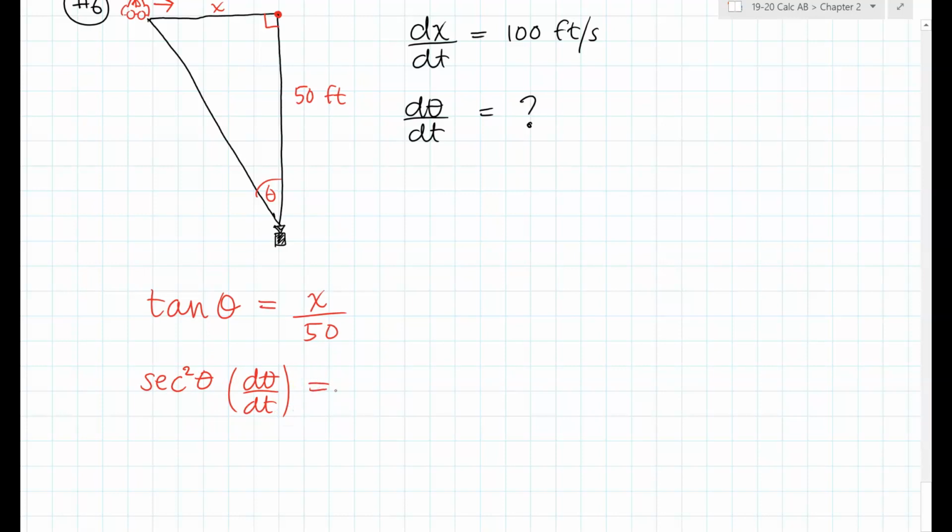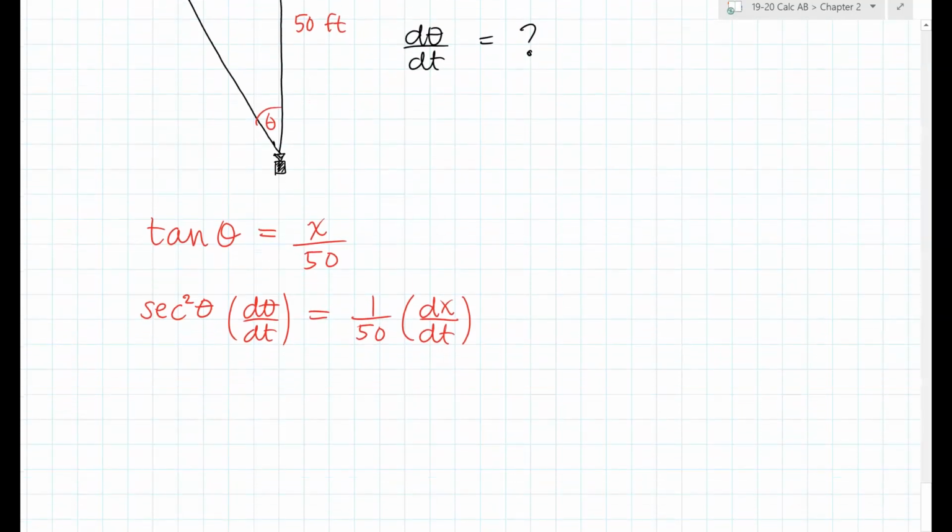So that's my objective there. My derivative of x over 50 is 1/50th times dx/dt. So that's going to be my value here.